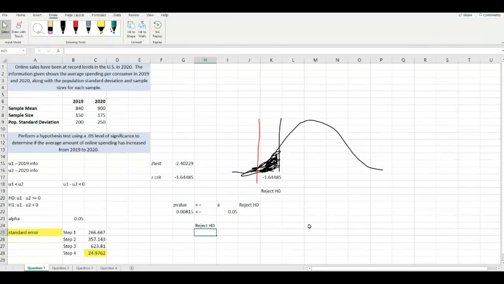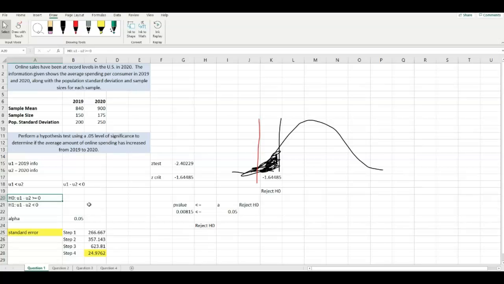Now, just saying that you need to reject the null or not reject the null doesn't really explain what's happening here. So we want to also figure out what that conclusion means. So we take a look back at our null and our alternative hypotheses here. We're rejecting this null hypothesis.